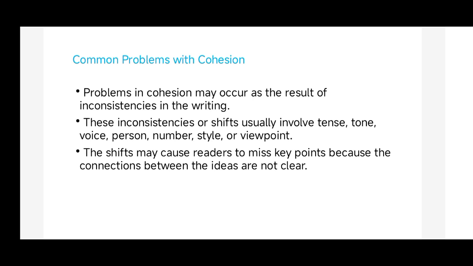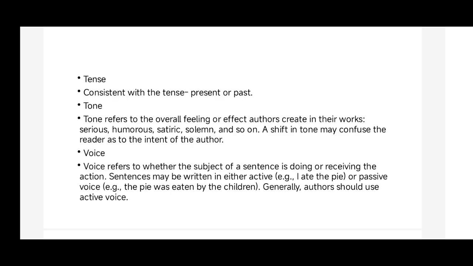Now, if you are changing between passive voice and active voice, or changing the tense, then that is not giving a clear idea about the article to the readers. And see, be consistent with the tense, present or past.